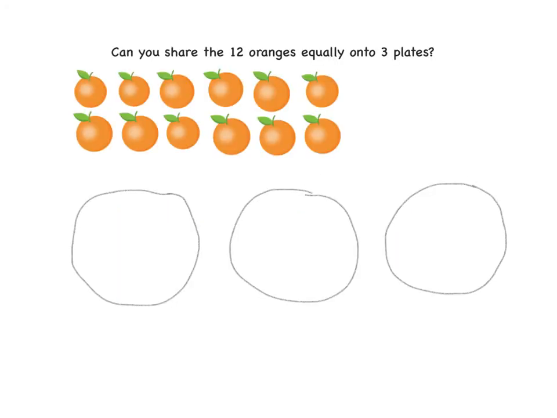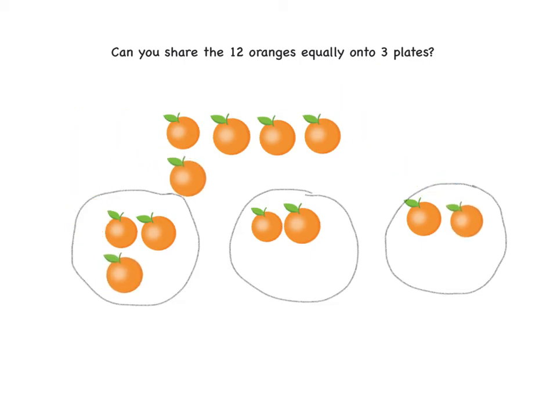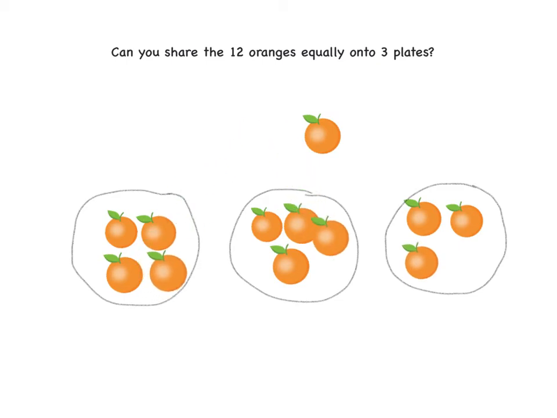Can you share the 12 oranges equally onto 3 plates? Pause the video and have a little think and see if you can work it out. Okay, let's go through this together. Let's share our 12 oranges equally onto 3 plates. 1, 2, 3, 4, 5, 6, 7, 8, 9, 10, 11, 12.